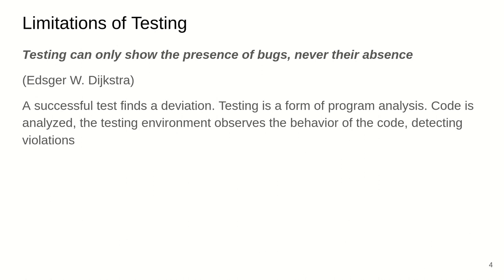Code is analyzed, the testing environment observes the behavior of the code. This could be the execution of the code, the analysis, the abstraction of the code, the semantic exploration or whatnot, and then detect and signal violations to the developer, so that the developer can then take these reports and go and fix their code.